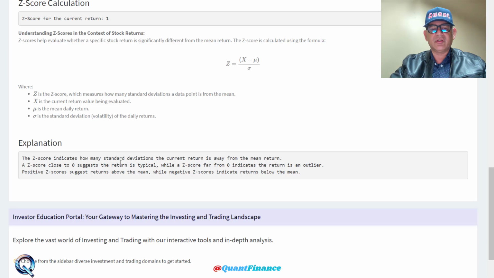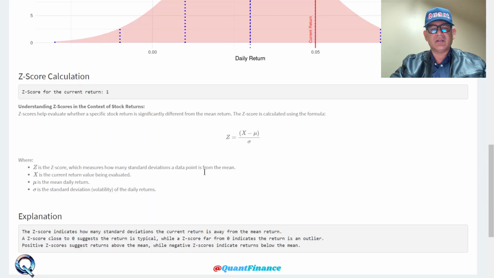An unusual return. And whenever we have a positive Z score, it suggests that the return is above the average mean return. And a negative Z score indicates that the actual, current return is below the mean return, right?